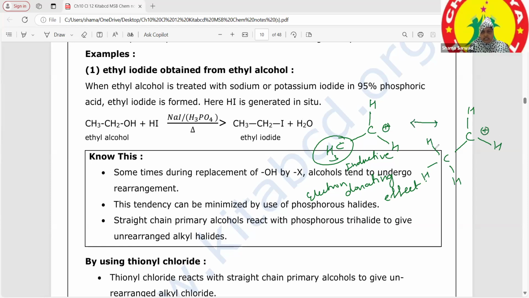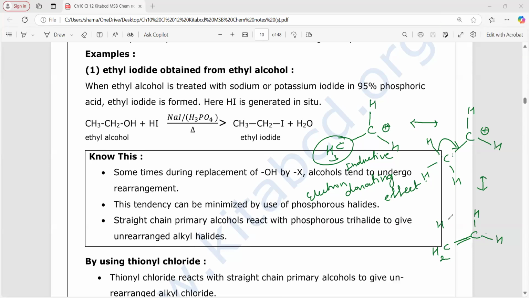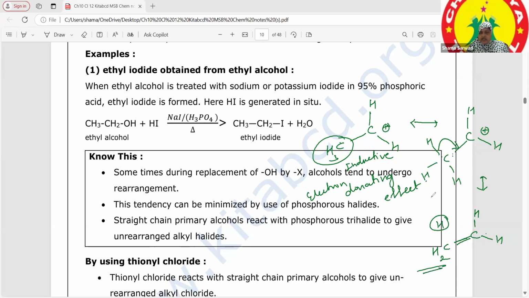Now this bond between carbon and hydrogen is utilized to stabilize the carbocation, and you get a hyperconjugated structure this way: CH2 doubly bonded with this carbon, the positive charge is nullified, and hydrogen is in close proximity. So how many hydrogens are available in this structure? Just 3. That is CH3.